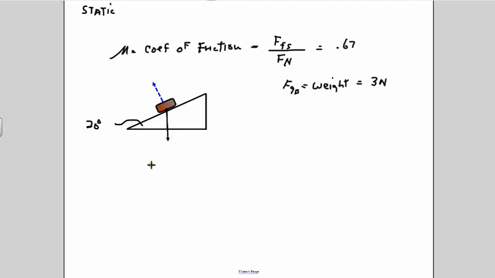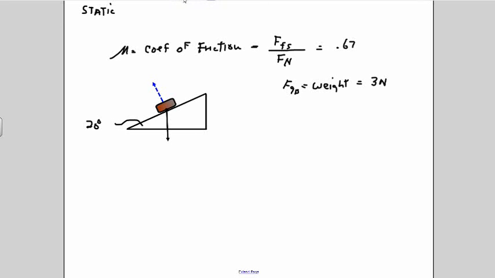Now, it turns out that as you start to tilt the block up at a larger angle, the force normal gets smaller and smaller and smaller. We've talked about this in class, but I want to make sure you understand.